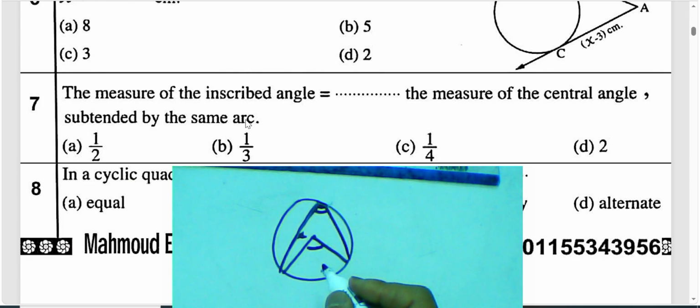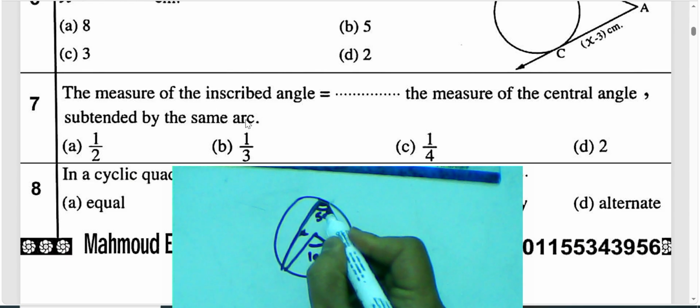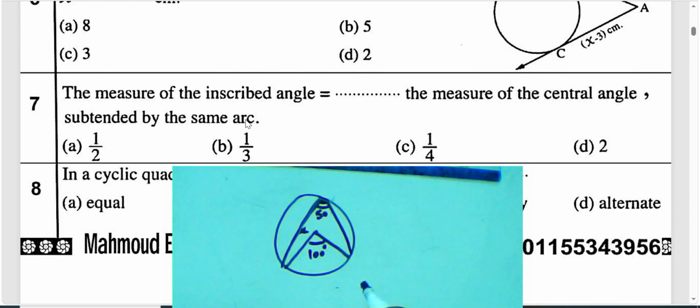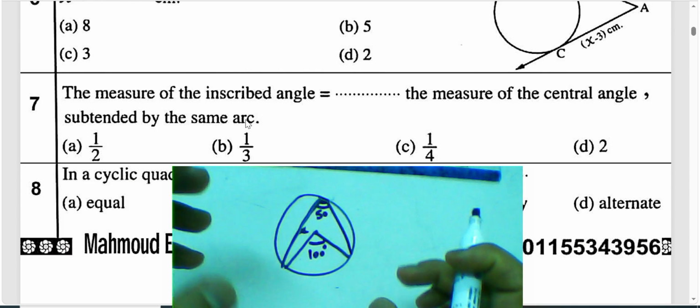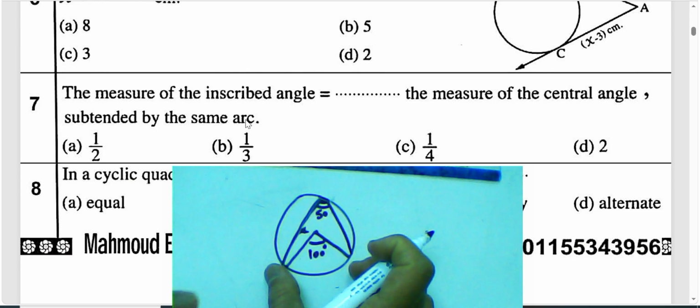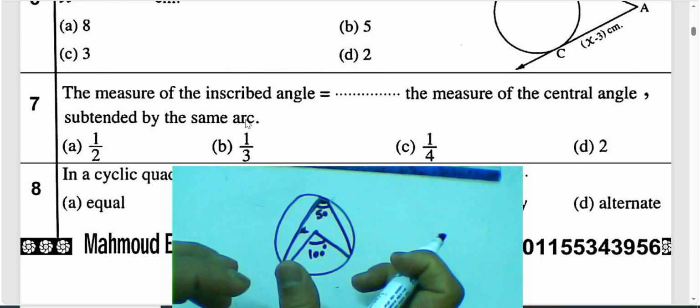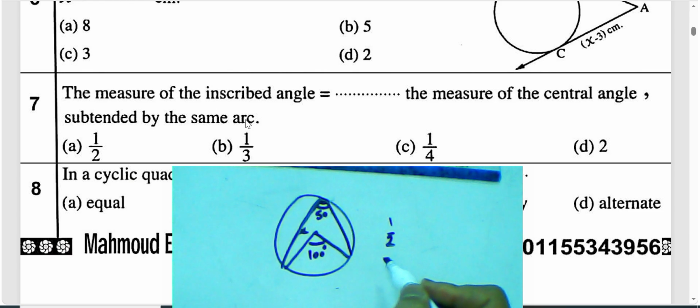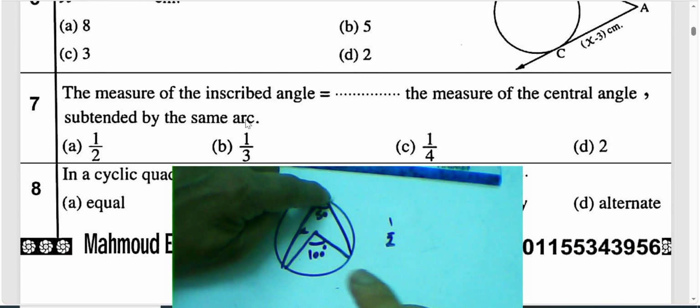For example, if we have 100 degrees as the measure of the central angle, the measure of the inscribed angle will be 50 degrees. So the measure of the inscribed angle is half the measure of the central angle subtended by the same arc.